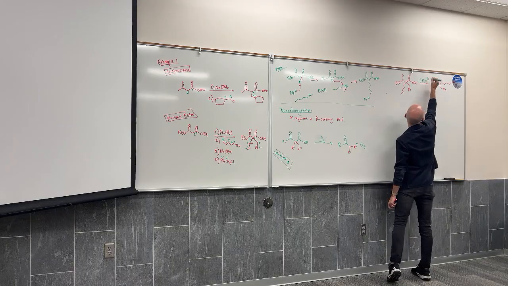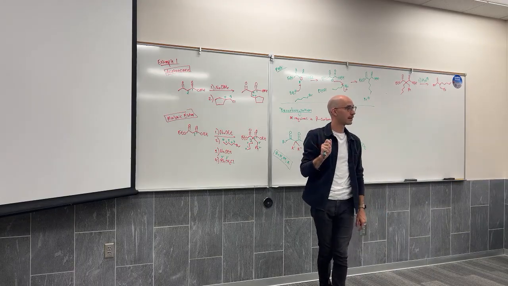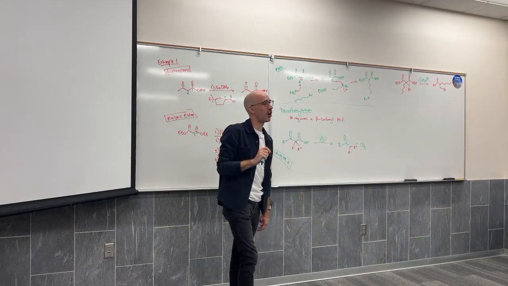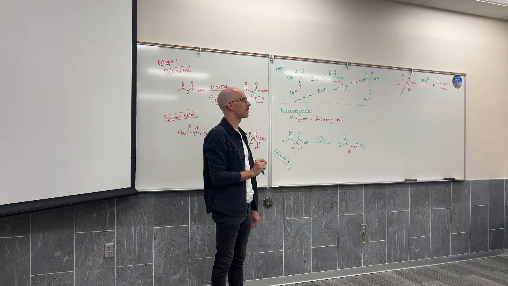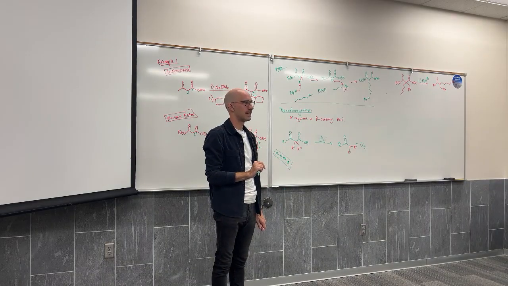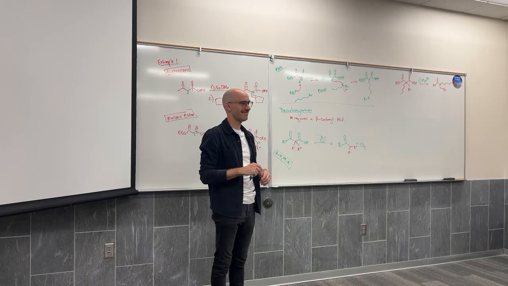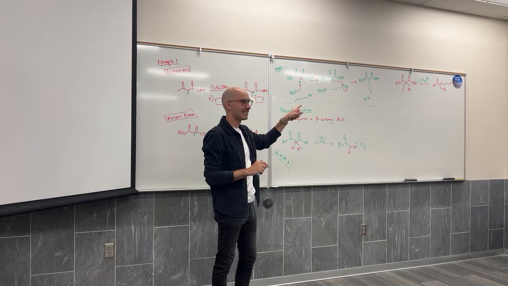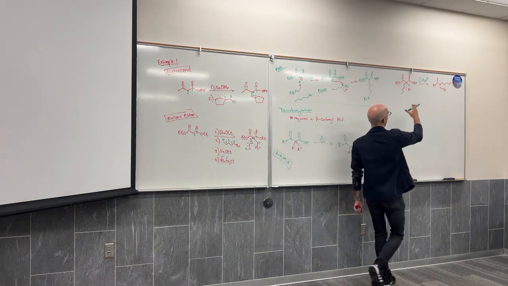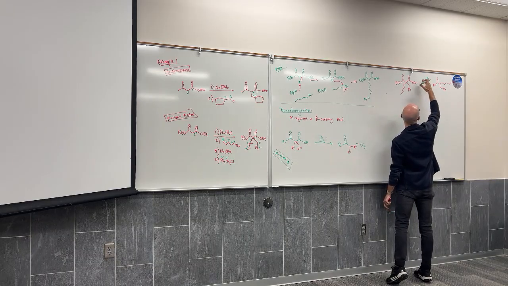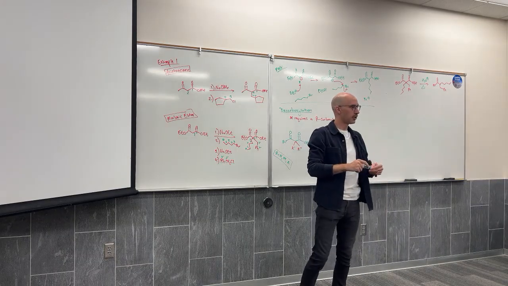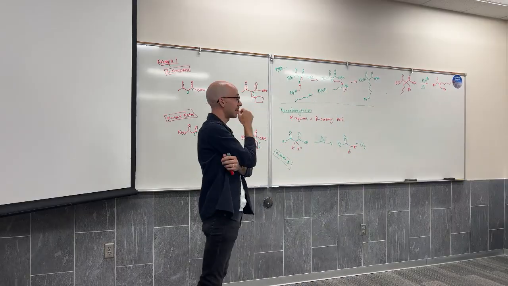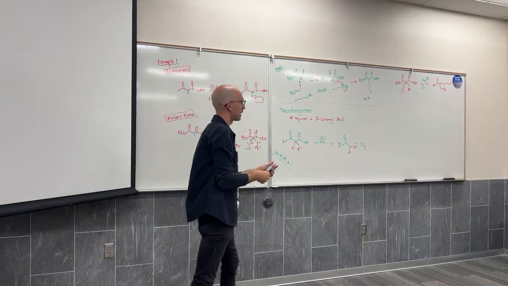H3O plus. And you can do just H plus. Yeah, but you need water there too. So H plus and water. So it is best to say H3O plus. And then follow that with heat. In fact, you don't have to say 1 and 2 here. It wouldn't be wrong to have 1 and 2 there, but you can just do acid and heat. Notice that there's some things being skipped over.